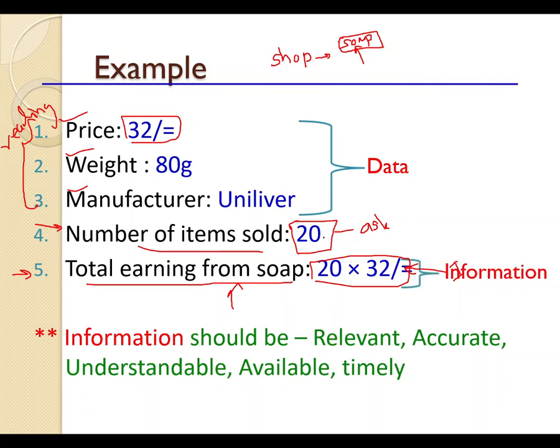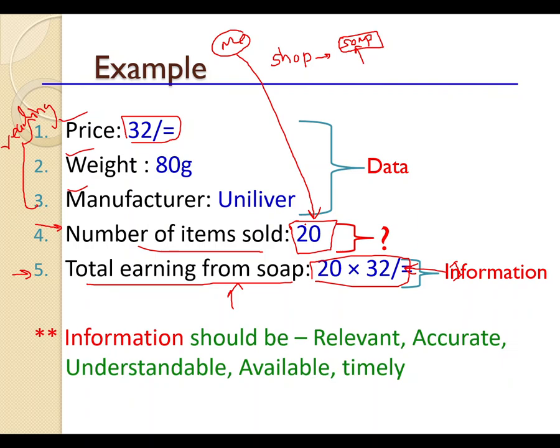Now what about this number of items sold? Is this data or information? Now whenever we go for the person, now it's me, I am the one who did this research. Regarding myself, did I get this by doing computations, or I just heard the value?